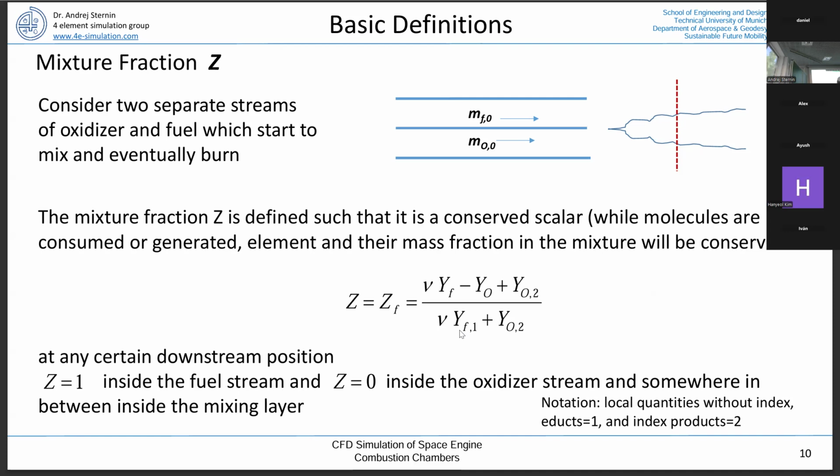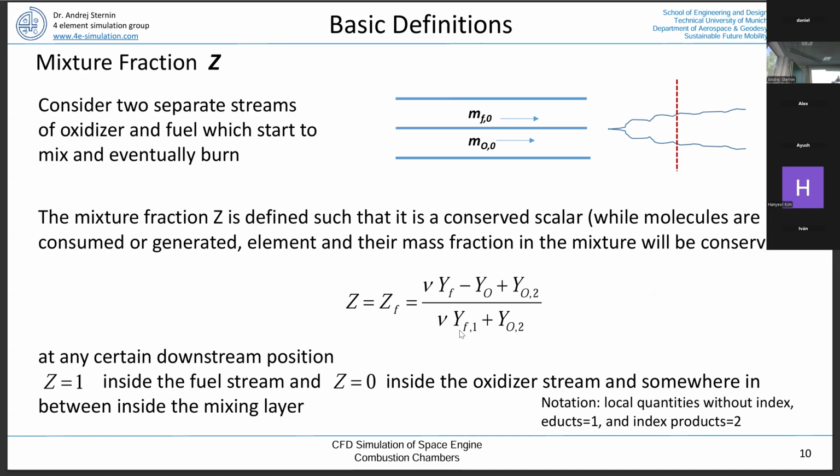So the mixture fraction is defined such that it is conserved. The molecules are not constant, but the mixture fraction is something which is constant. So we have the stoichiometric condition of the mass fraction of the fuel, minus the stoichiometric condition of the oxidizer.